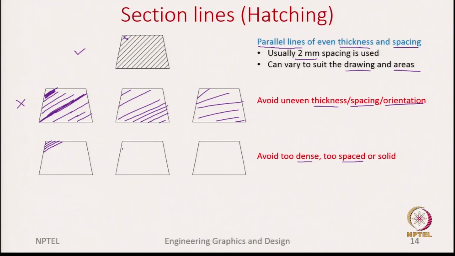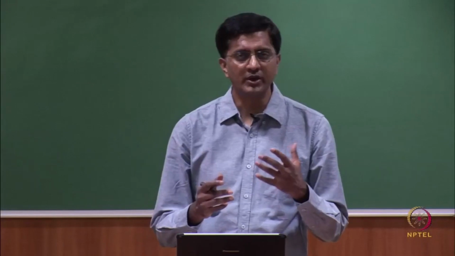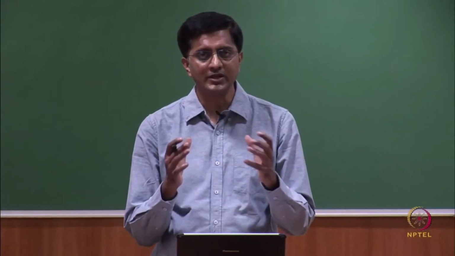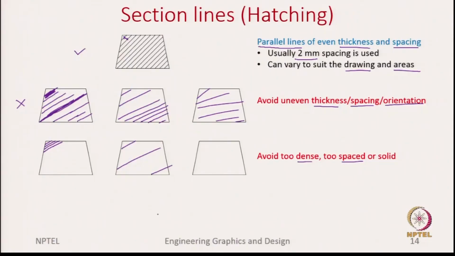And having too big a gap is also to be avoided, because then sometimes you may confuse it with the outlines of the drawing. And lastly, solid is also to be avoided, which means you cannot simply fill it with one uniform color. So, these are all again poor practices which need to be avoided.